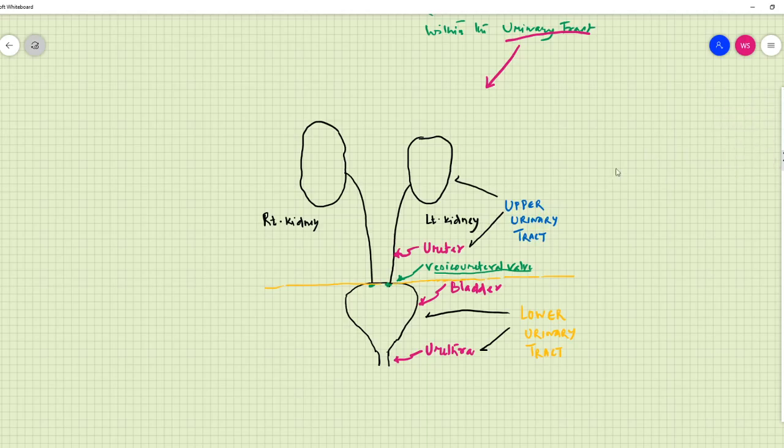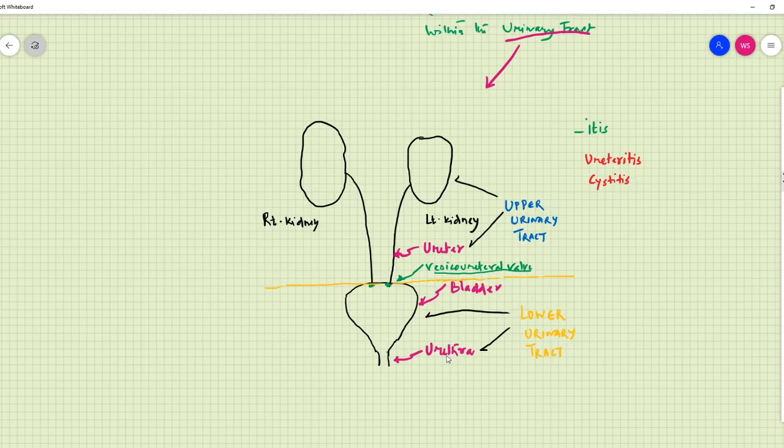Okay. So infections, we have got the suffix "itis." If it is an infection of the ureter, we call it ureteritis. Inflammation of the bladder, we call it cystitis.